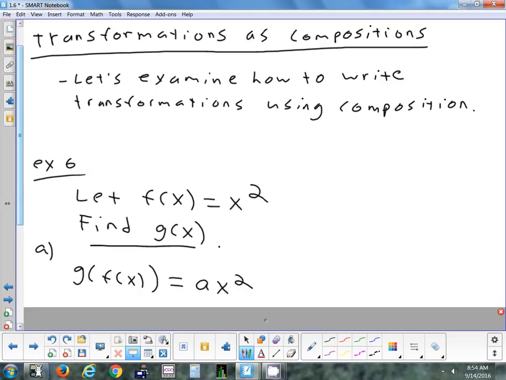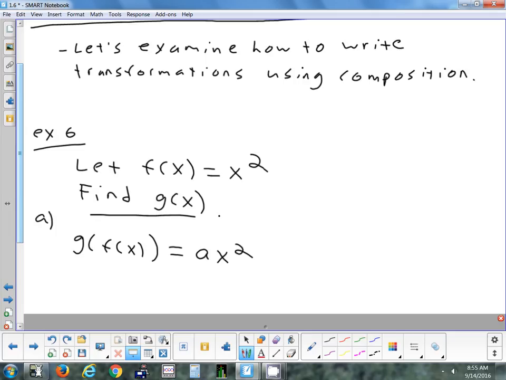So this time, what they're doing is they're giving you that final answer. They're telling you the answer to the composed function. They're giving you one of the functions. They want you to find the other function that would generate the composed function. All right, so a little harder, and sometimes there's multiple answers. Okay, but we try to think of the simplest one we can.